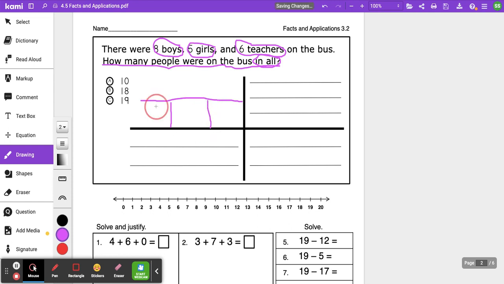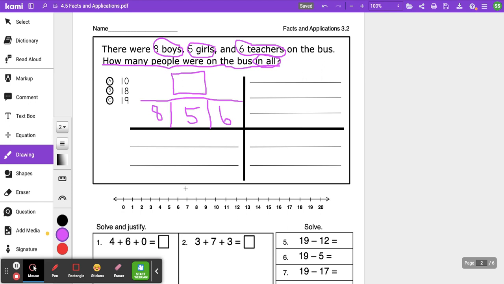But we know that we have 8 boys, 5 girls, and 6 teachers. The question asks how many people were on the bus in all. So it's asking us what number is the in all, what number is the total. This is my question box.